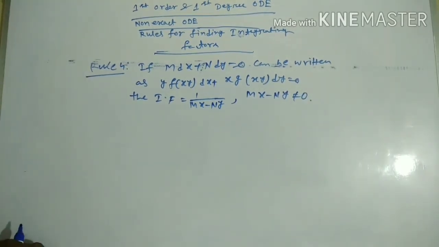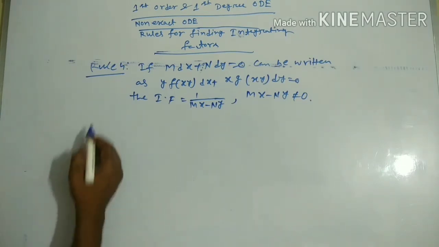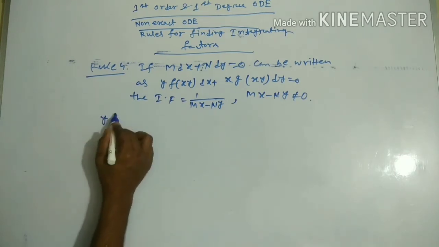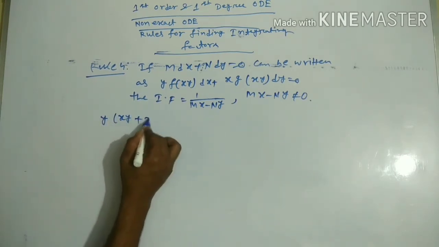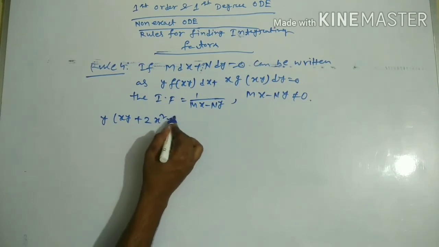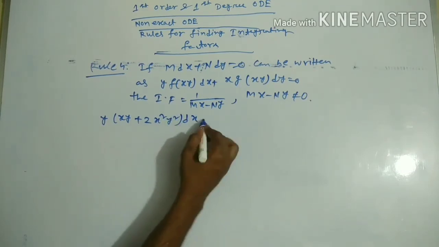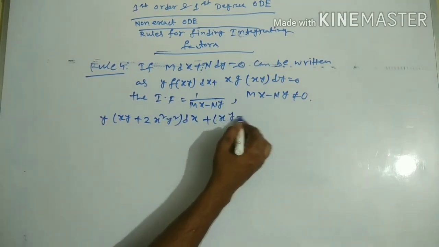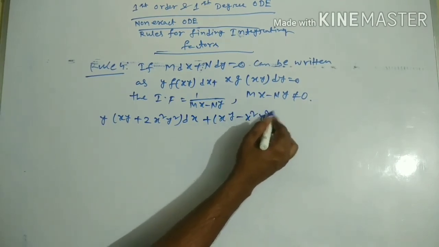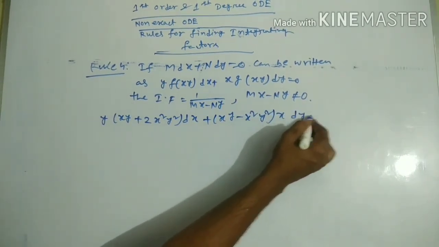Okay, I will take an example now. y into (xy plus 2x square y square) dx plus (xy minus x square y square) into x dy equal to 0.